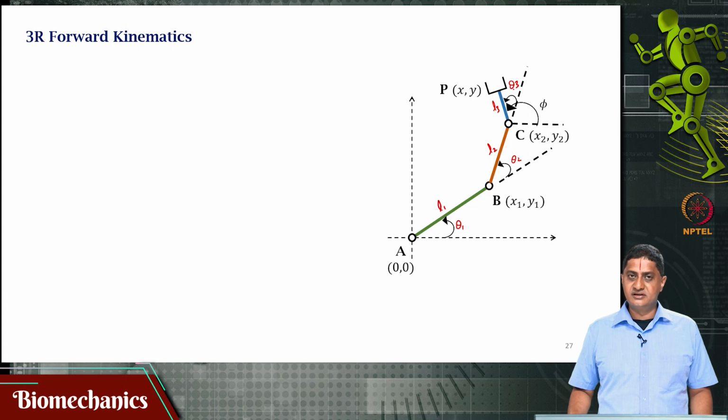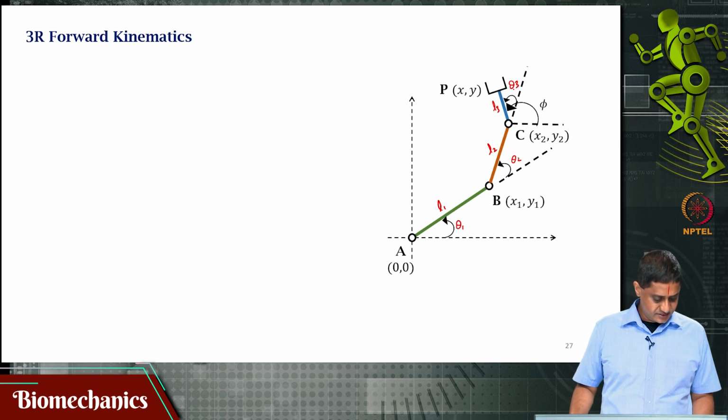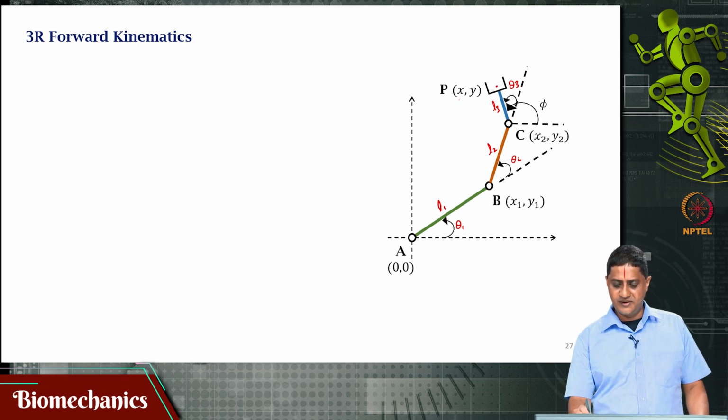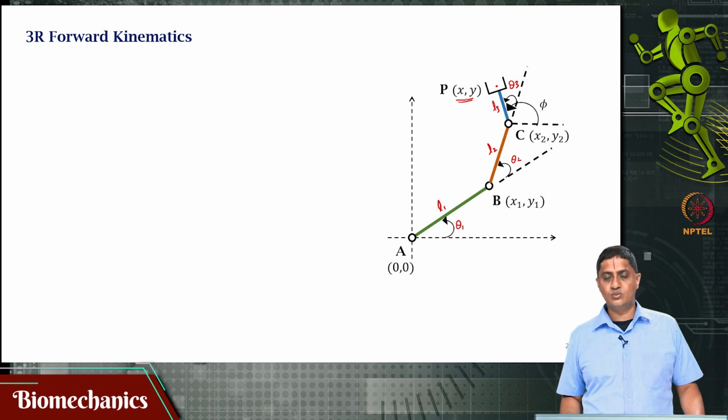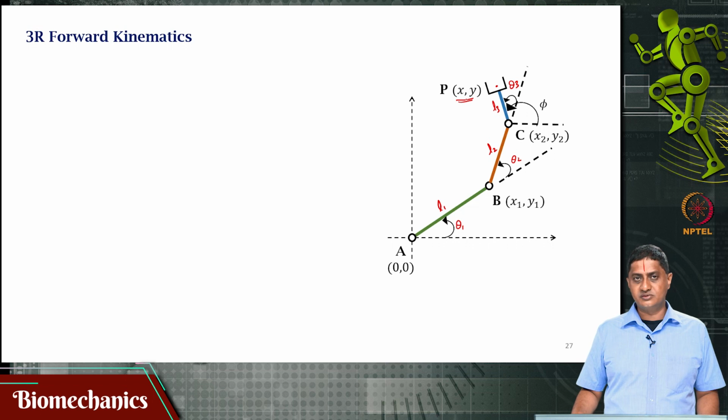In the case of link AB, it is making an angle of theta 1 with respect to the ground, right. So, this is known. The question is, can you find the coordinate of the endpoint P? Can you find this x and y? Given that I know L1, L2, L3 and theta 1, theta 2, theta 3. Okay. How do you do this?